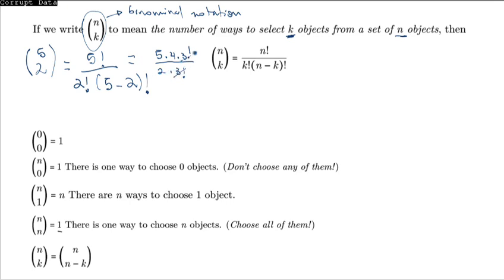These cancel out. You have 20 on the numerator over 2, which equals 10. Exactly what we found by doing this by hand. So it's good to know the formula, obviously. It's very useful to know the formula because we will need it.